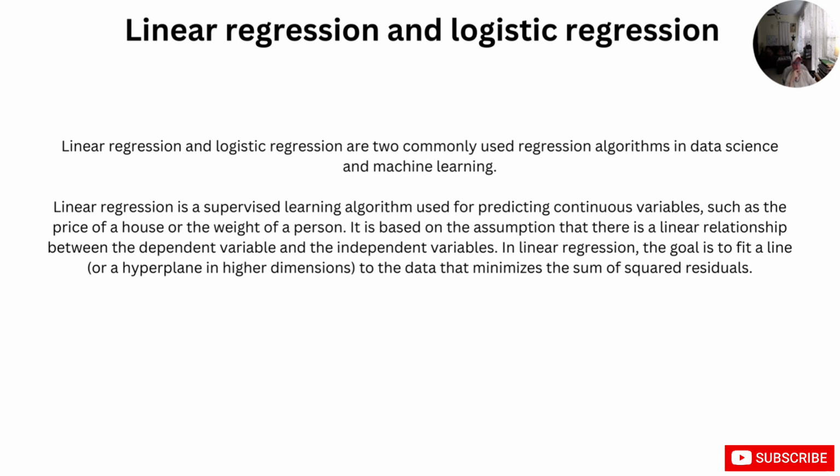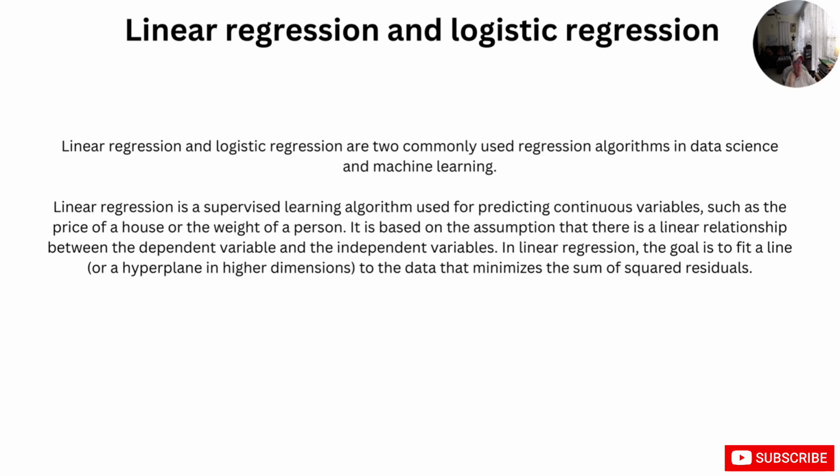Linear regression and logistic regression are two commonly used regression algorithms in data science and machine learning. Linear regression is a supervised learning algorithm used for predicting continuous variables, such as the price of a house or the weight of a person.